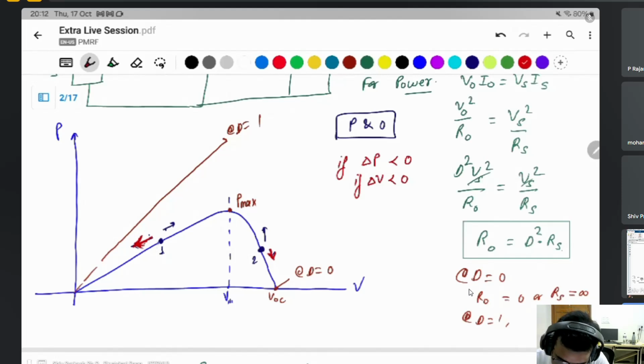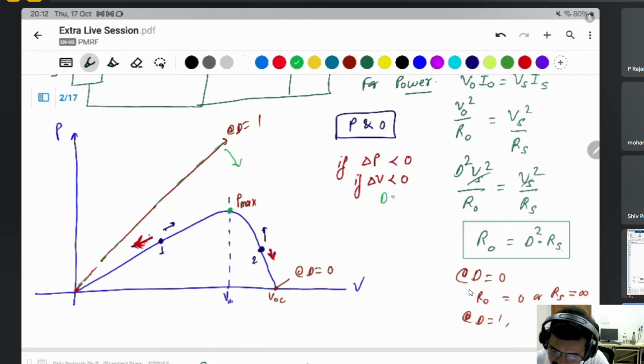If power is going down and voltage is also decreasing, then this condition is fulfilled. It means you have a point here, and the load line is this one, d is equal to 1. Then you have to decrease d because maximum power is here.